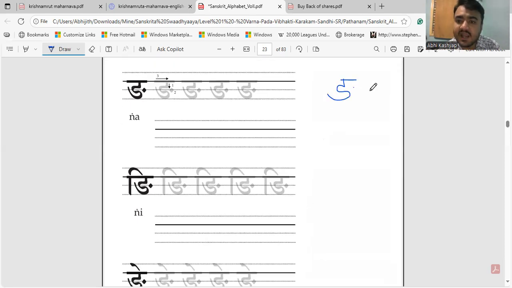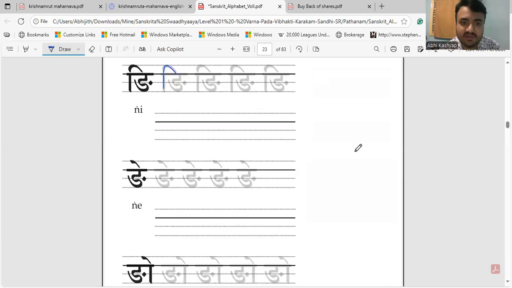This too is a Vyanjana and therefore needs Swara Yoga. So if I add Akara to it, it becomes Nya. If I add Ikara to it, it becomes Ni. More predominantly, with Ikara it comes out as Ni. Nye. When we say this particular Varna, the tongue must cover the Kantha, that portion. There should be no hindrance.